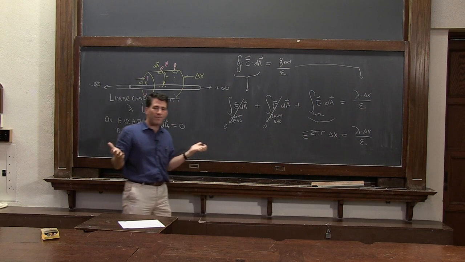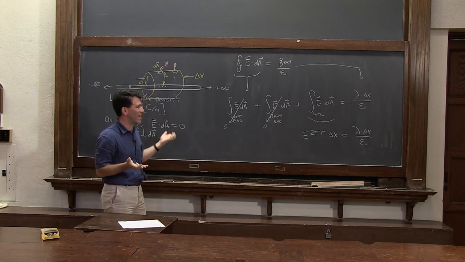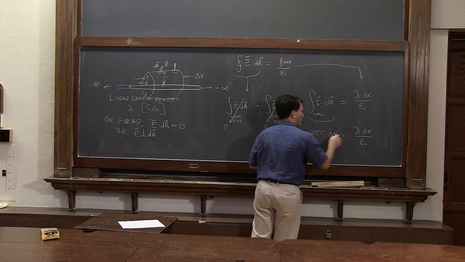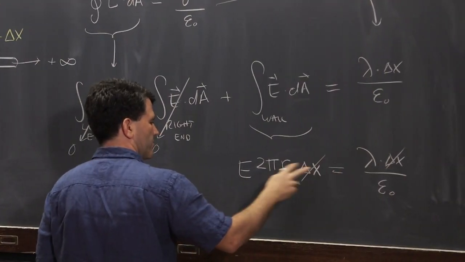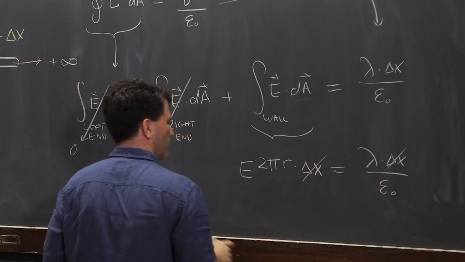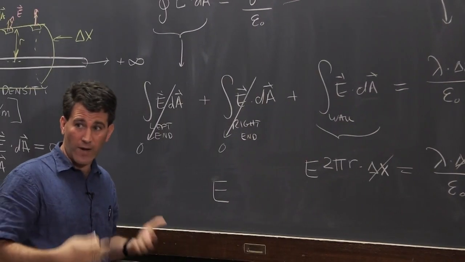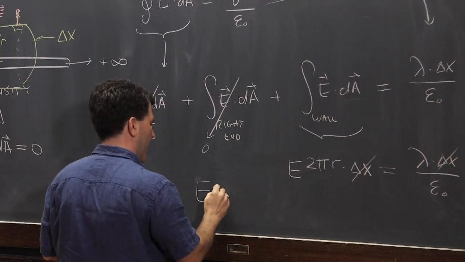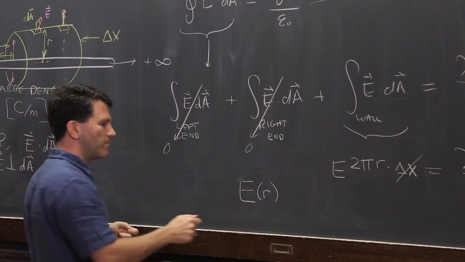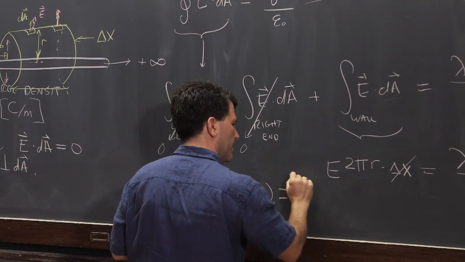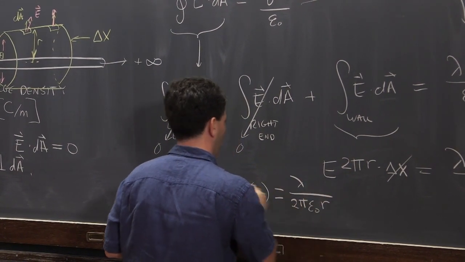And as often happens when we're clever about how we set up our surfaces in these Gauss's law problems, we find that the delta x goes away, all right? It cancels out, and we can move the 2 pi r over to the other side, and then we find that the direction of the electric field is always going to be radial, but the magnitude of the electric field at some distance r away from the axis, away from the line of charge, is going to basically be lambda over 2 pi epsilon naught r.